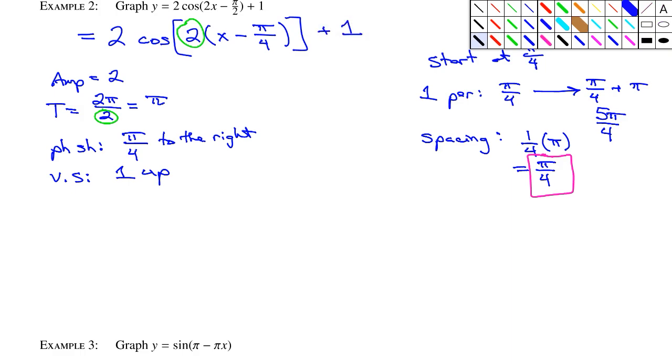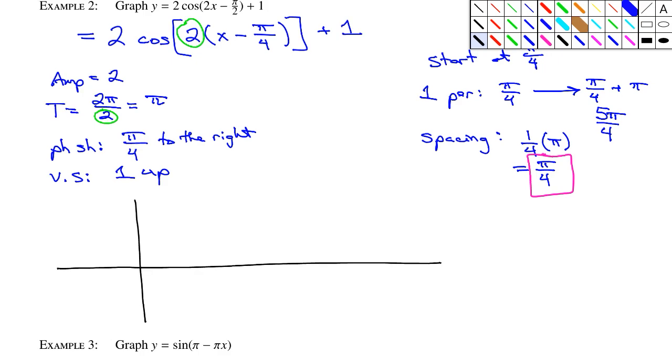Now let me draw the grid. The first thing I want to draw is the median. The median is at 1. So this green line serves as the median. Next, we know that the maximum is going to be at 3, and the minimum is going to be at -1.